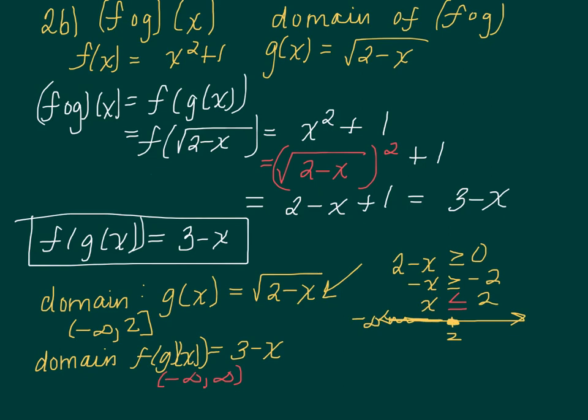Well, we definitely cannot use the second domain because this square root cannot use anything larger than 2, so it won't work, which means we will have to go with the first domain. So you have to make sure that you write this, so you know, my final domain is negative infinity to 2. Make sure that your final domain would satisfy both functions.